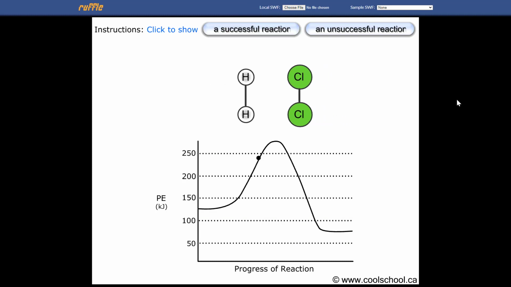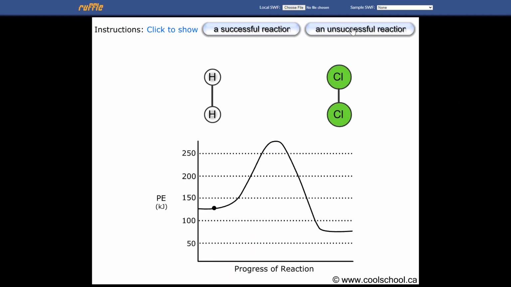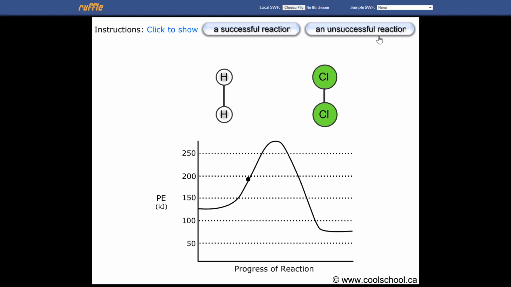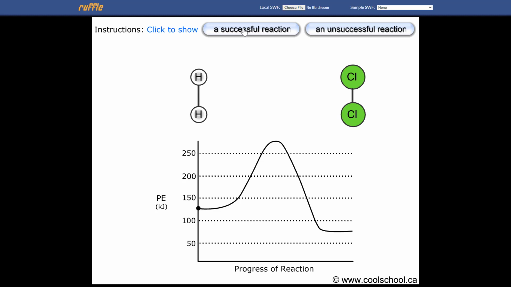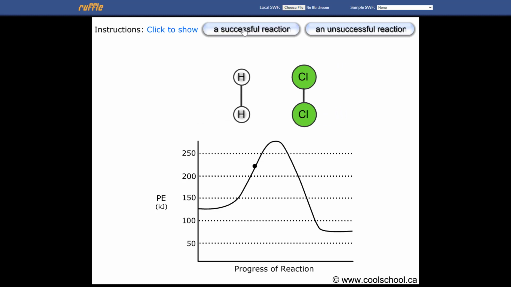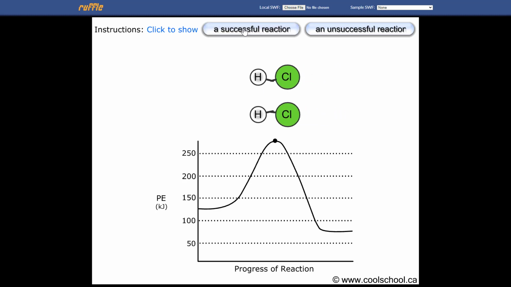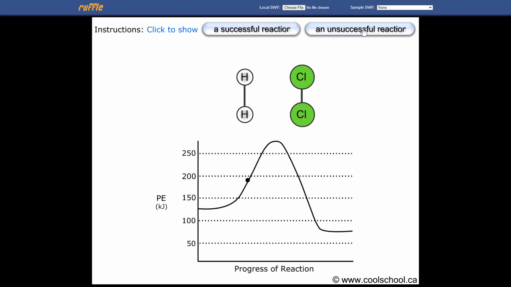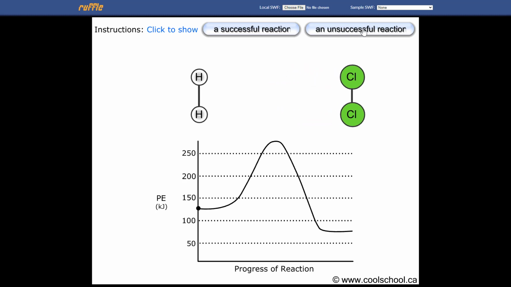When two molecules like hydrogen and chlorine approach each other on a collision pathway, the potential energy between them rises. This is due to the electrons on the outer edges of the atoms repelling the electrons on the outer edges of the other atom. As the molecules approach each other, they will slow down. The potential energy rises, and as they reach the peak of the curve, the moment of decision for the reaction occurs.